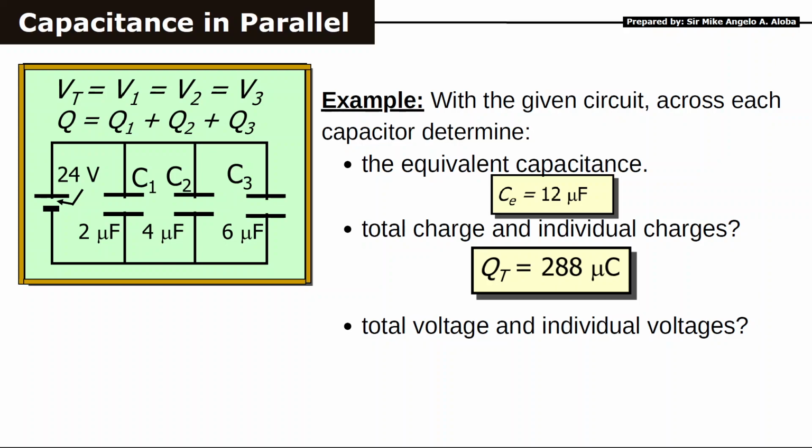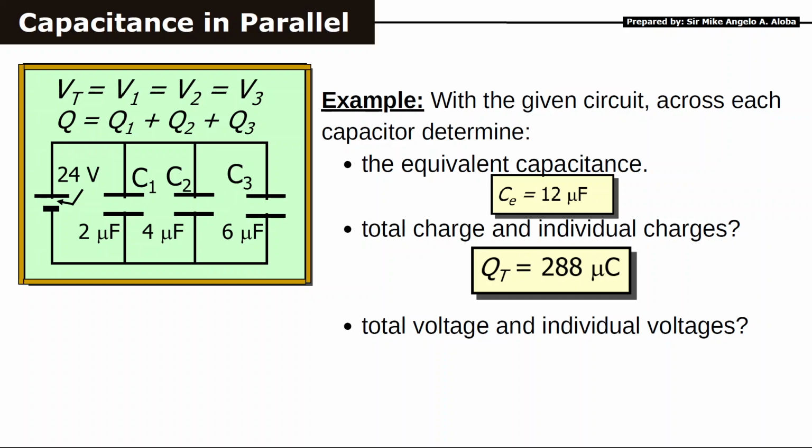And then, individual charges nakuha natin. Q1 is 48, 96, and 144 microcoulombs respectively. And so total charge is, again, 288 microcoulombs. For the total voltage, it's just equal to 24 volts because in a parallel connection, the total voltage is the same as the voltages of the individual capacitors.